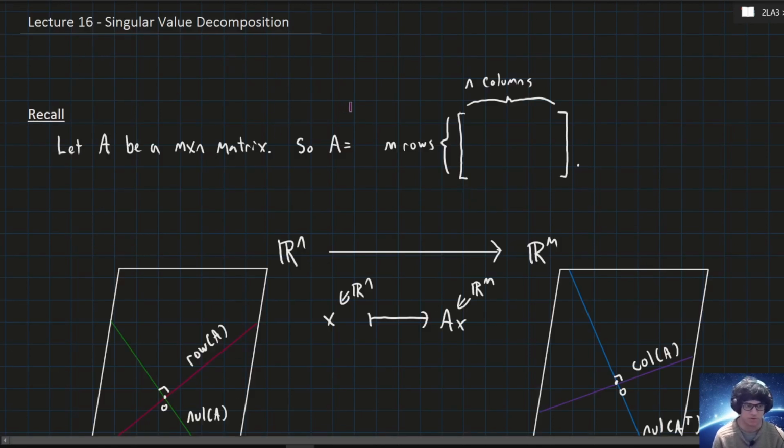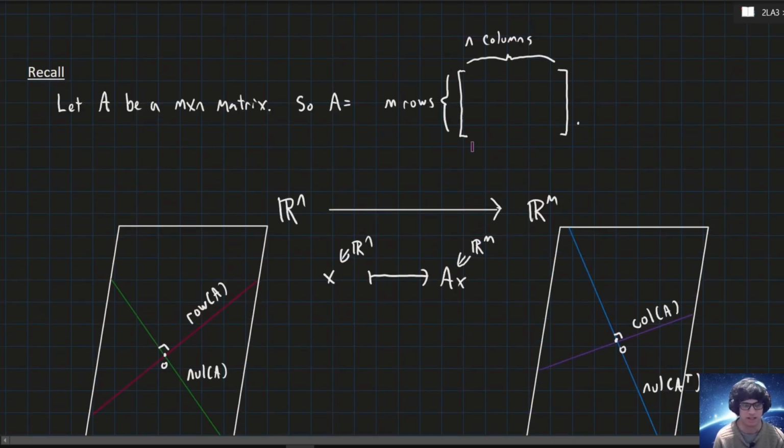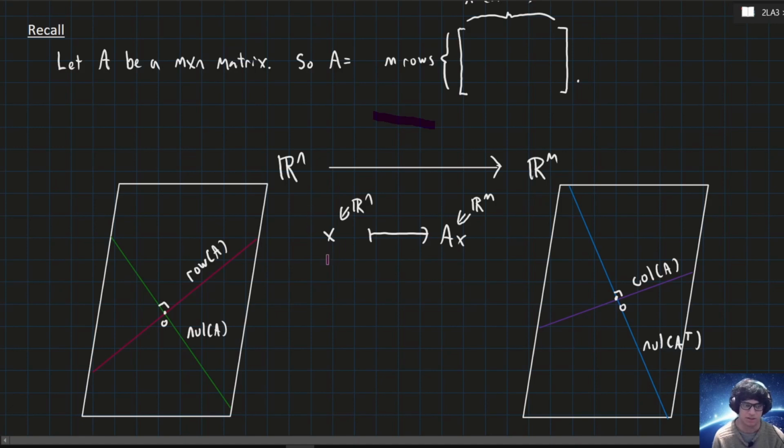Okay, so if you remember back to, I think, lecture 7, we had a diagram like this, right, where we studied the subspaces involved in a rectangular matrix, right? So if we have m rows and n columns, then the action of multiplying A times x, right, where x is in Rn, and then the product is in Rm, gave us subspaces like this.